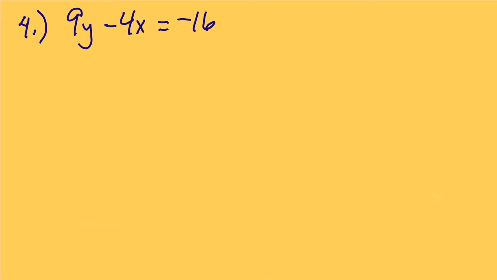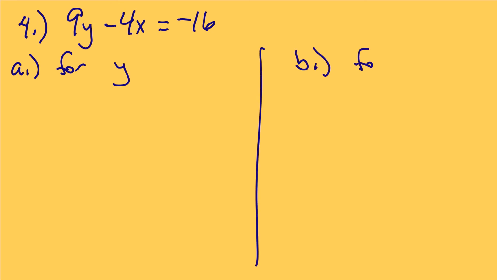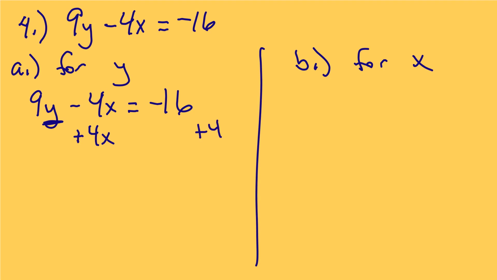All right, number 4 is 9y minus 4x equals negative 16. So everything's exactly the same. I have 9y minus 4x equals negative 16. Remember, y is important. So I have to either get rid of the 9 or the negative 4x. I get rid of that negative 4x by adding 4x to both sides.